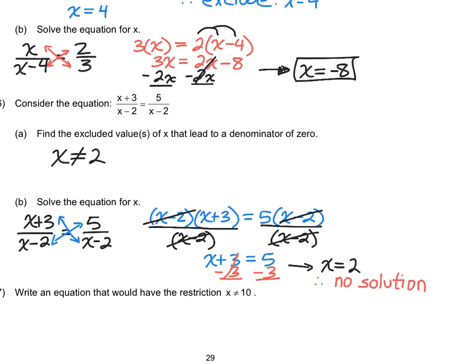Couldn't have said it better myself. All right, so I'll just repeat it. Because x equals 2 is the excluded value, and we just got x equals 2, so it has to be no solution.